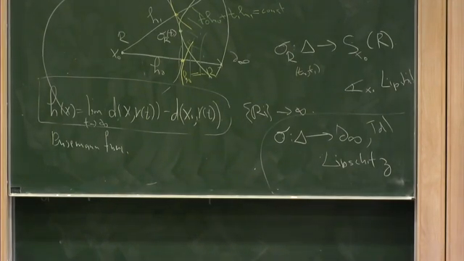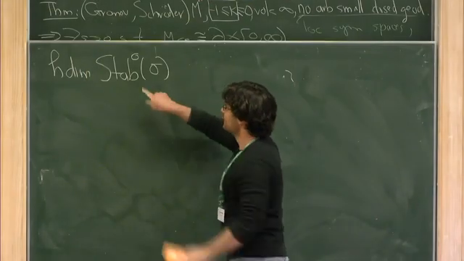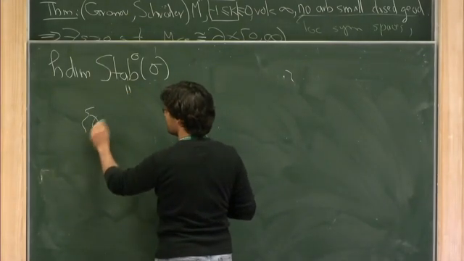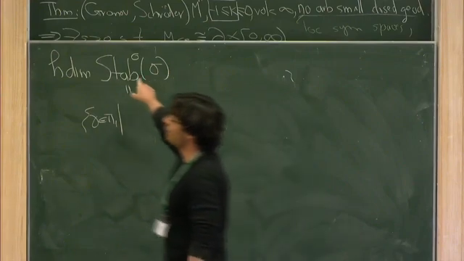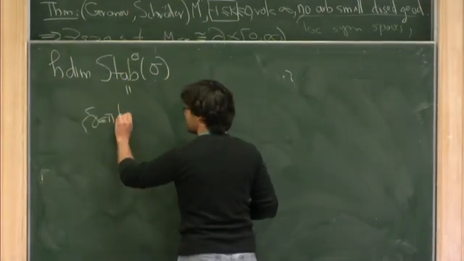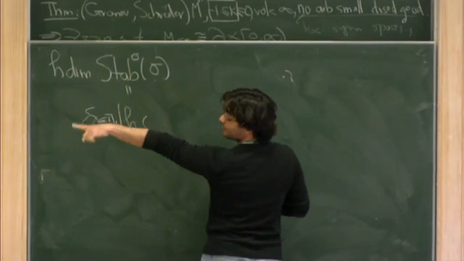So the homological dimension of the stabilizer, let me put stab 0 of sigma. So this is the elements in the fundamental group that preserve horoballs at the vertices of sigma. So that really means, one way to say it is that they leave these Busemann functions invariant.